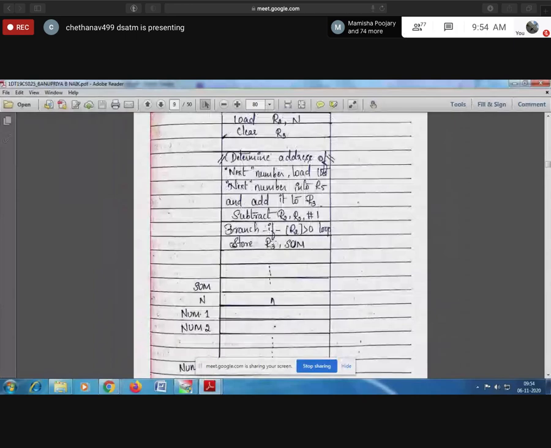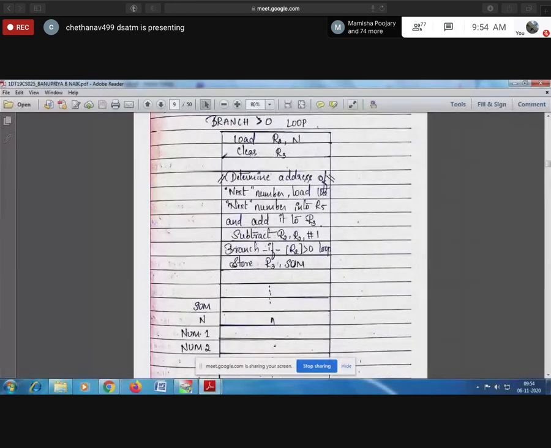The main thing is, suppose you are going to add some n number of data. First I'll take n1, next n2, next n3, next n4, like that. How to add those numbers?